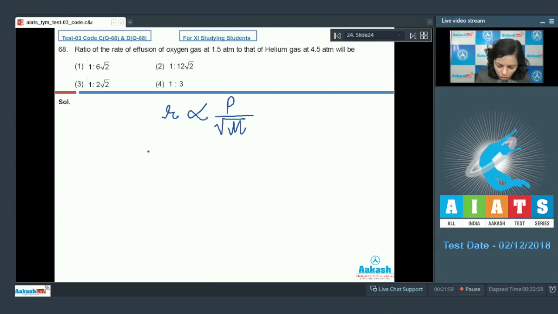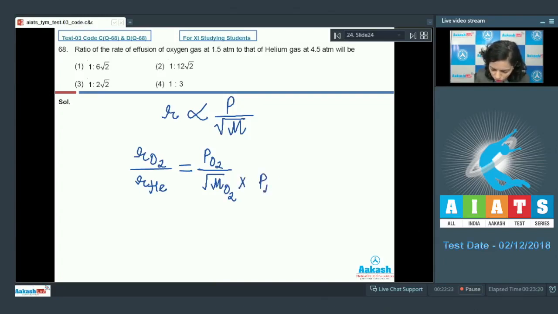So in this case, we have to find the ratio of the rate of effusion of oxygen gas to that of helium gas, and that would be equal to the pressure of oxygen gas upon the molar mass of oxygen gas, divided by the pressure of helium gas upon the molar mass of helium gas. This is the formula that we are going to apply here.